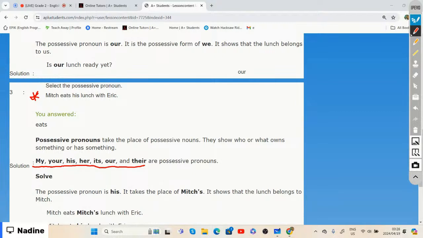So we need to select the possessive pronoun. If we select the possessive pronoun, then yes, his is our possessive pronoun. So well done. His is correct.